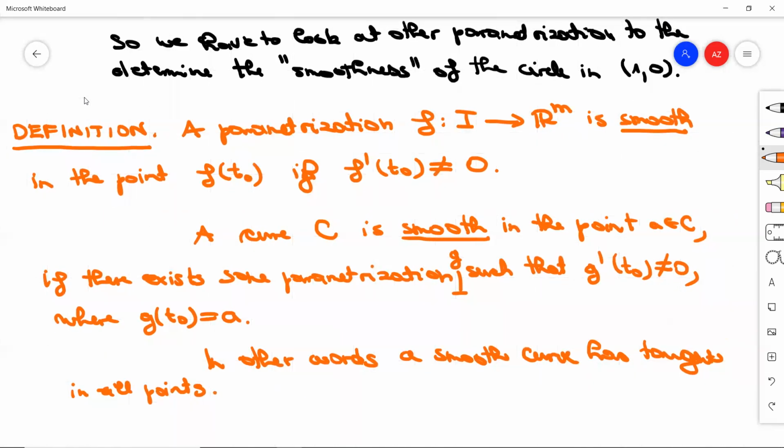So these are two different notions of smoothness. Smoothness of the curve, which doesn't depend on the parameterization, and the smoothness of the specific parameterization. And smooth curves are something which are nice to work with. If the curve is not smooth at a point, the points where the tangent to the curve doesn't exist are called singular, and to study the nature of the curve around the singular point requires more work.